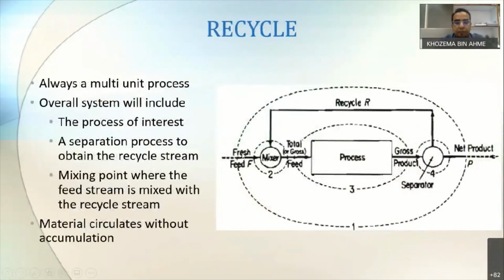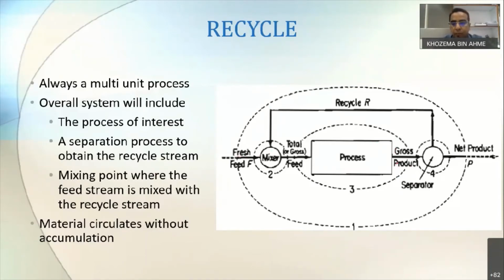I have labeled it like this. This is your feed coming into the system, and then this is your process. When you have your process and you want to do recycle, you have to separate some of your product and combine it with your fresh feed.